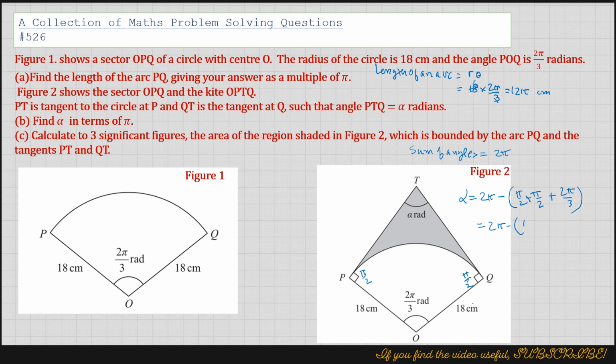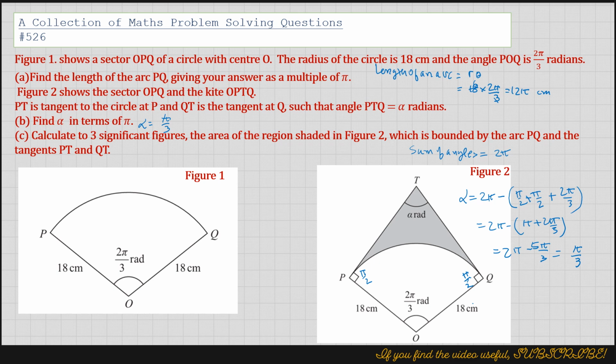That is 2 pi minus pi plus 2 pi out of 3, which is 2 pi minus 5 pi out of 3, 6 minus 5 is pi out of 3. So once we get that, we can say that alpha equals pi out of 3, that's in terms of pi.